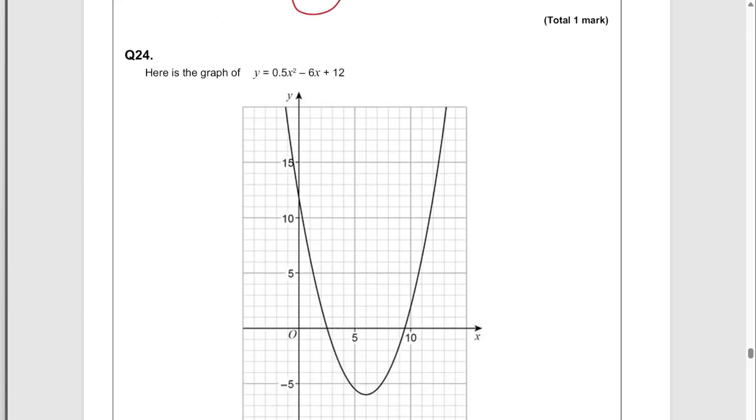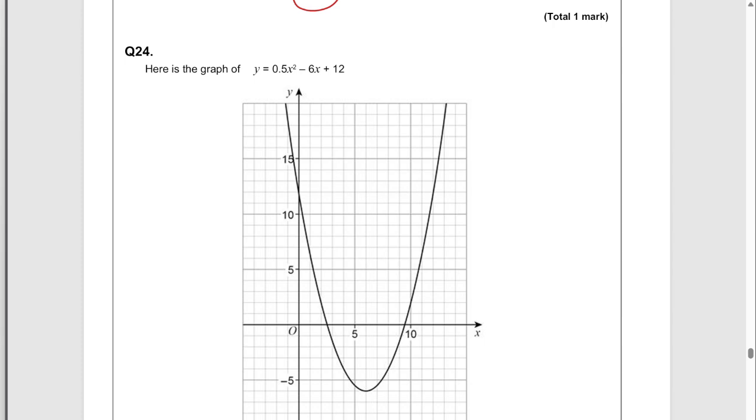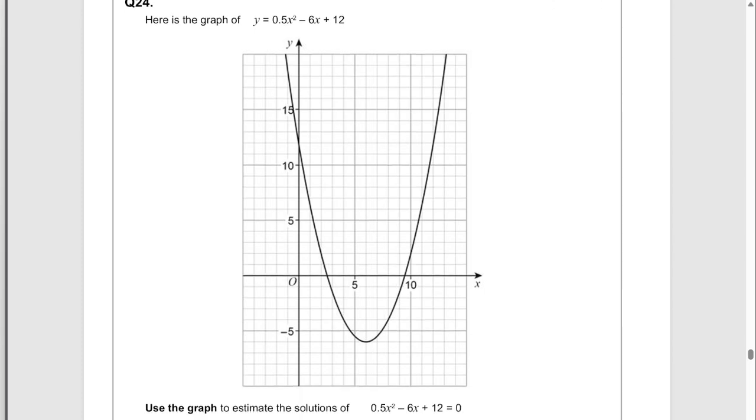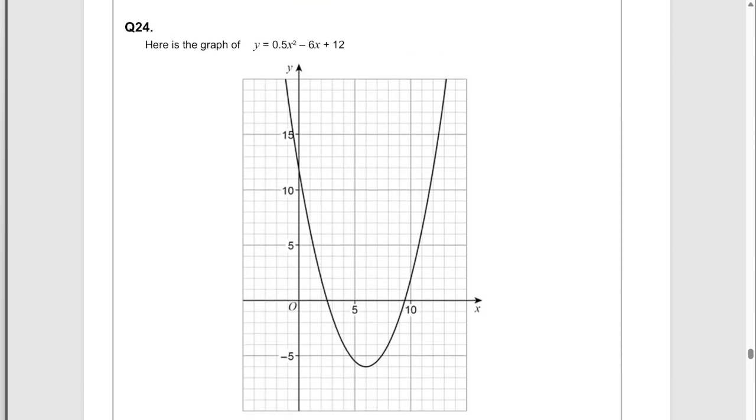Okay, question 24. Use the graph to estimate the solutions. Right, so it is the same equation, I was just double checking that. So we want to find where y is equal to 1. Y is equal to 1 is that line there. So we just need to read off those two values.